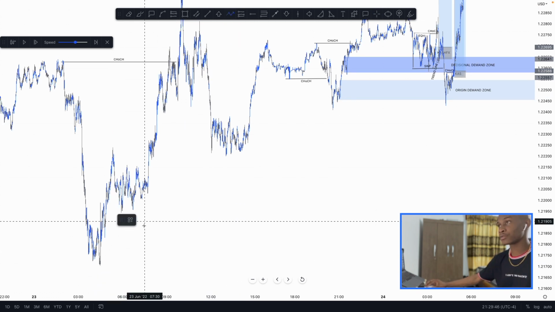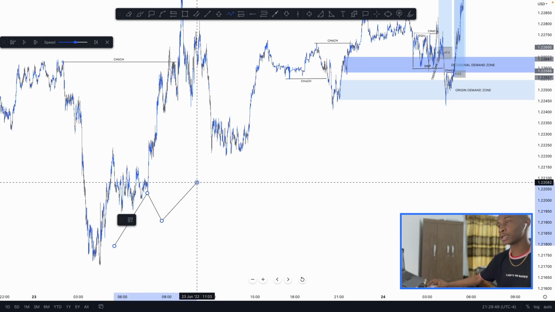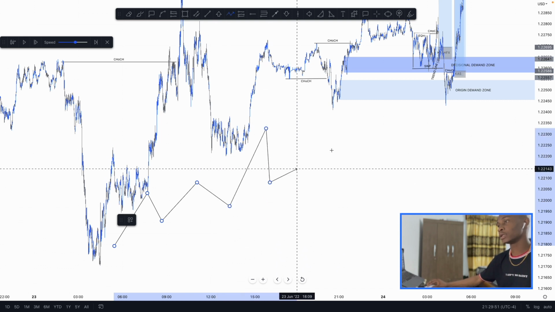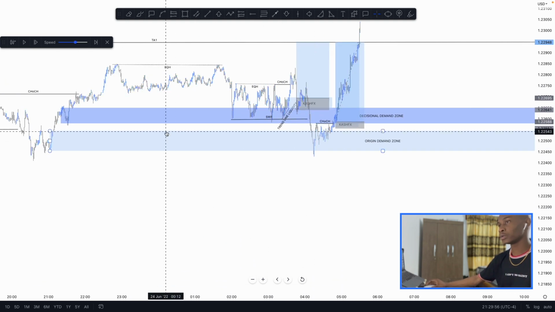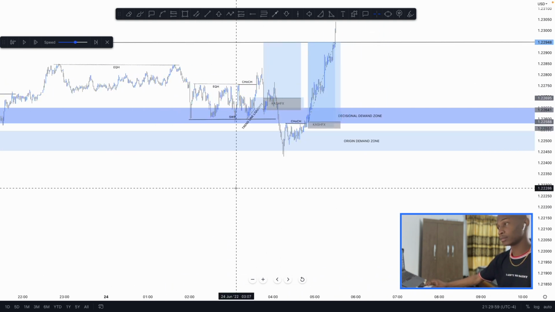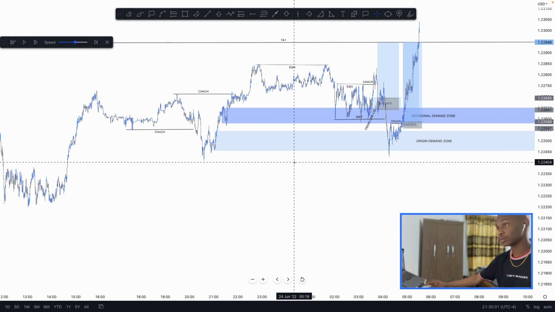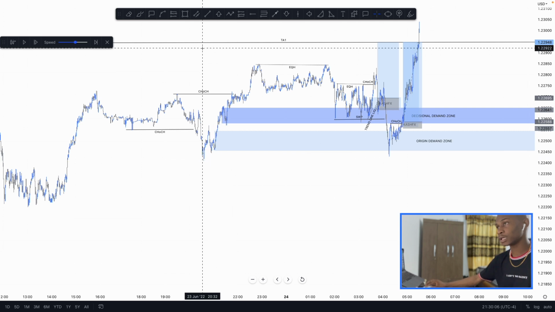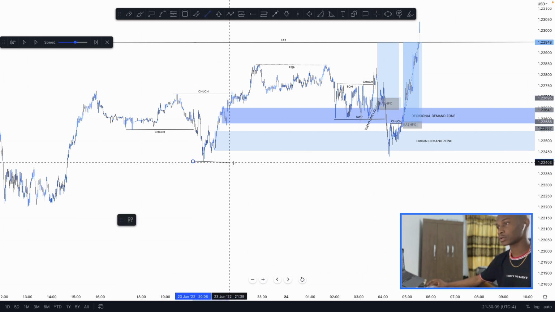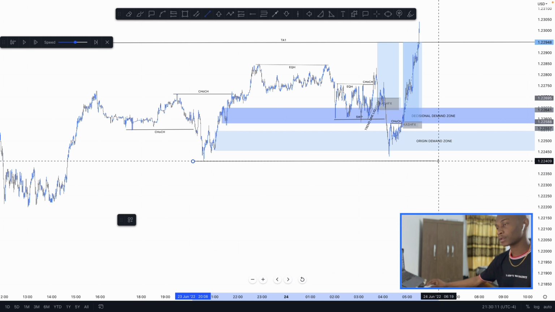So that's the reason why we were sticking to the buy, even when the market stopped us out right here. We were still inside a bullish trend, because this low hasn't been taken out. This low right here. So if this low was taken out, we would pretty much switch and start looking for bearish pressure in the market.